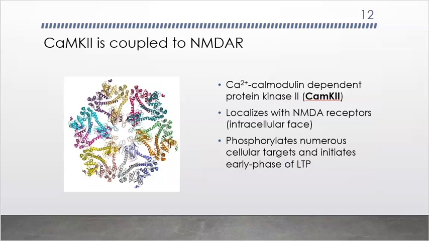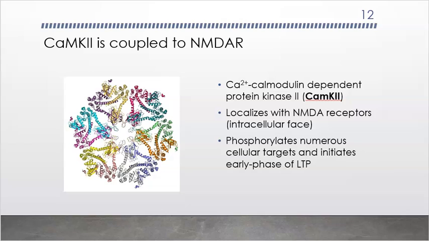Now, you also might be asking yourself, well, Erin, you also said we were going to talk about CAMK2. So, CAMK2 is our calcium calmodulin dependent protein kinase 2. This is a picture of what it kind of looks like. And this is localized, so it's kind of like a buddy system with the NMDA receptors.